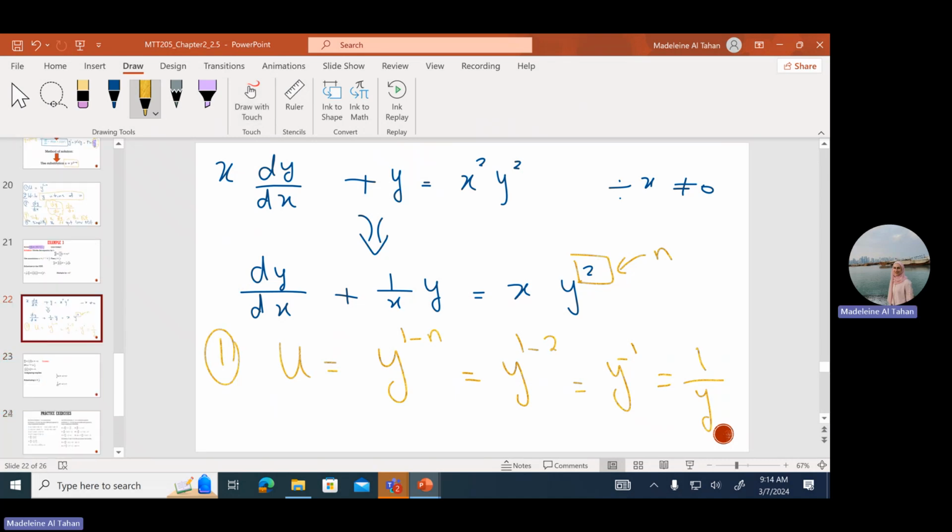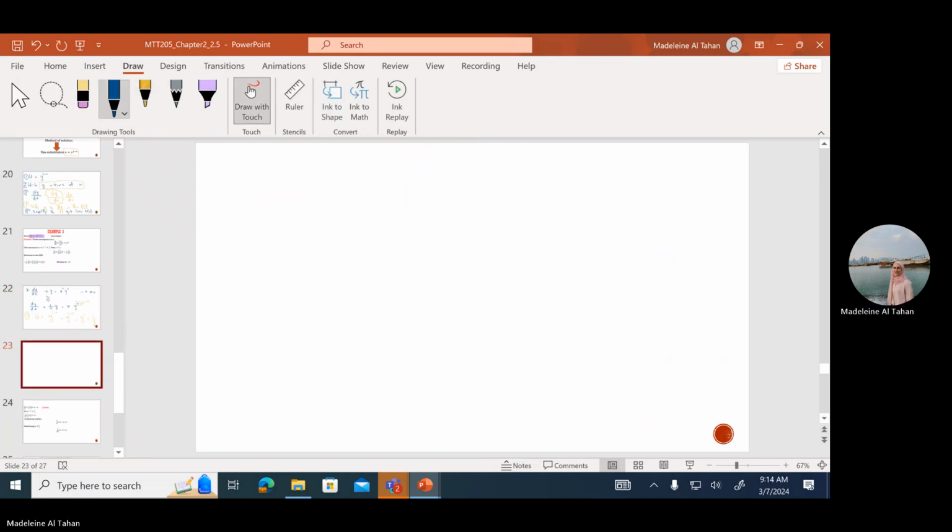So the second step, what do we need to do, miss? Write u equals 1 over y. It means that y is equal to 1 over u, right, miss? Third step.